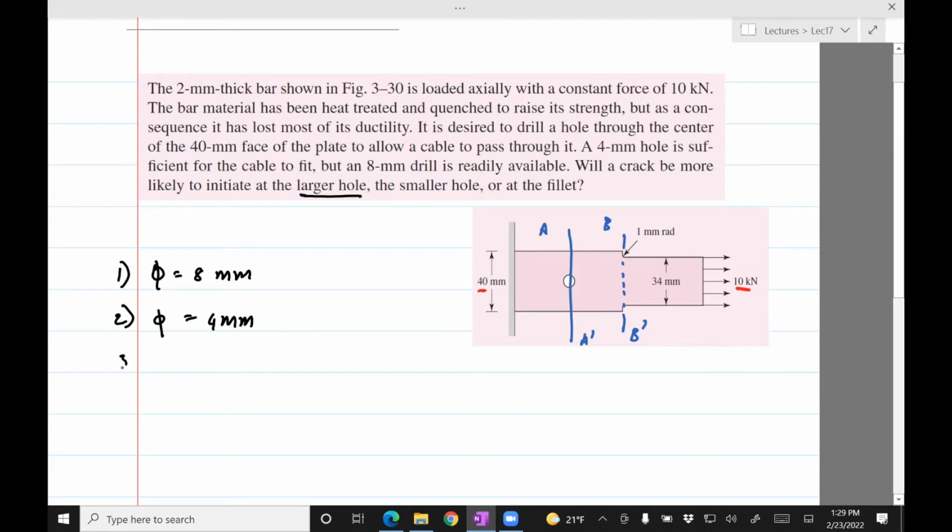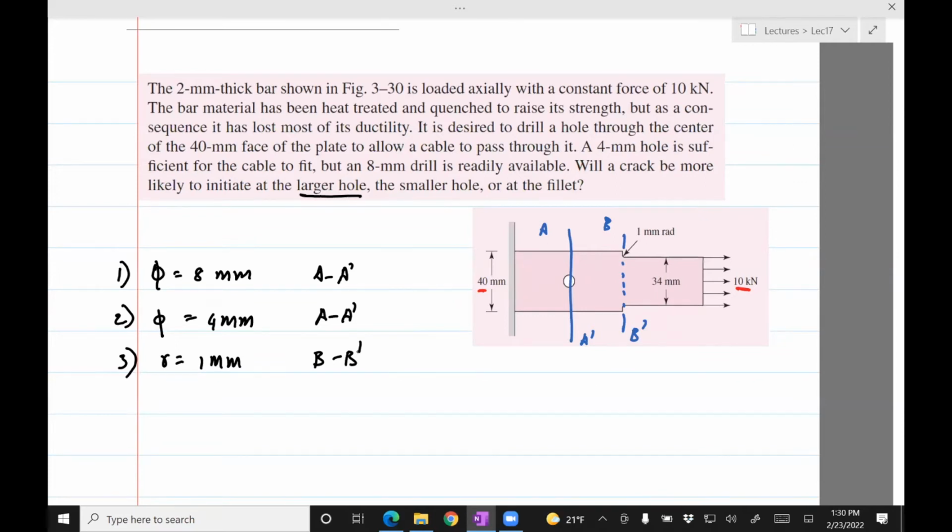But then there's another place where it could fail. It's the fillet at B prime, with R equals 1 mm, while the hole is at A prime. So here's the rationale behind this question.